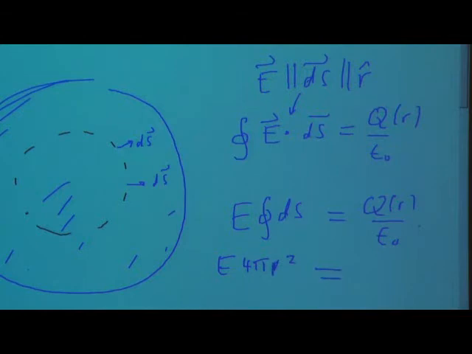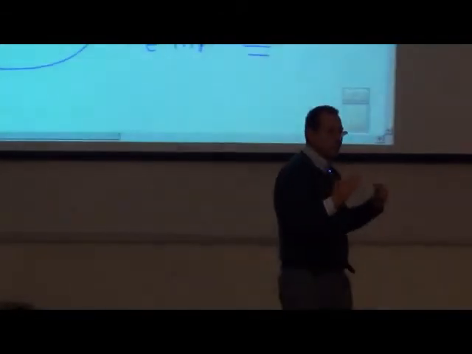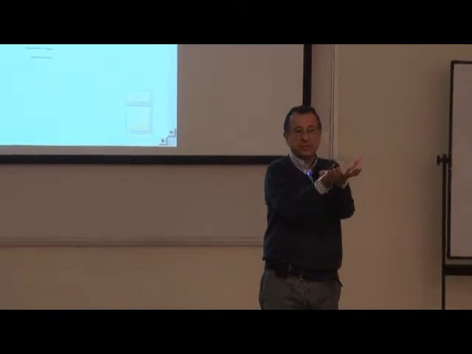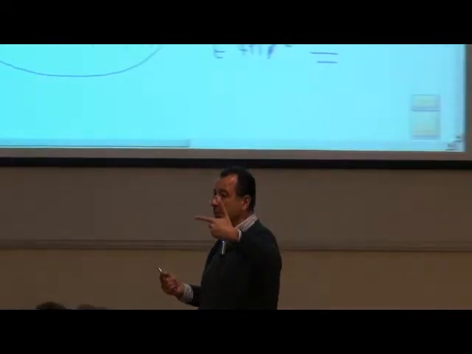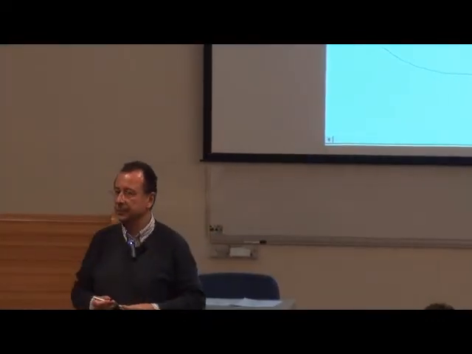Now comes the crucial point. This equals, I'm trying to find E. And I want to now relate it to what charge there is inside. How much charge there is inside this surface? Remember the beginning of the problem. It's a conducting sphere. Okay? Q is the name of the charge.